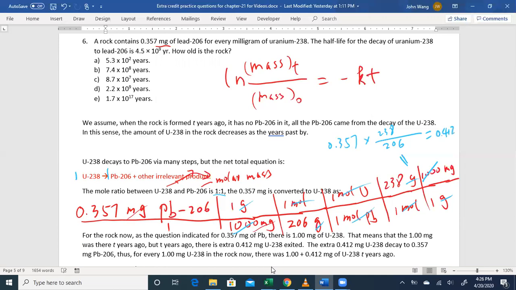This is one way to speed up the process. So that's milligrams of uranium-238.